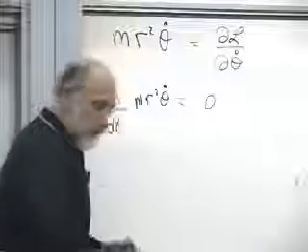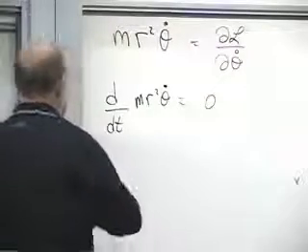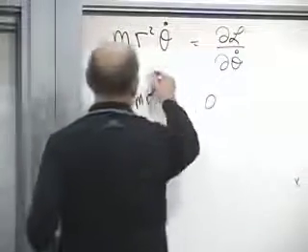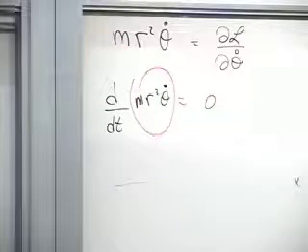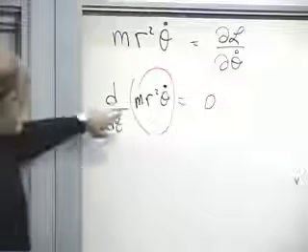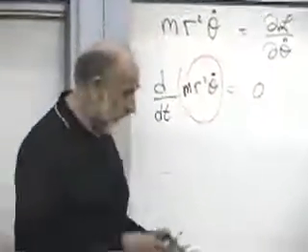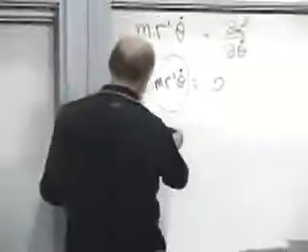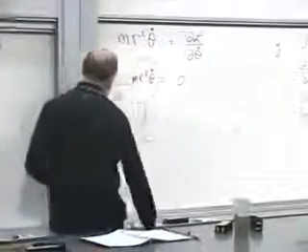So this is an equation of conservation. It's conservation of m r squared theta dot, or conservation of angular momentum. When the potential energy doesn't depend on angle, then angular momentum is conserved. It's usually called L, incidentally. So it says that L is conserved.